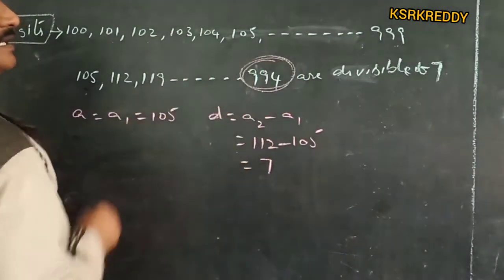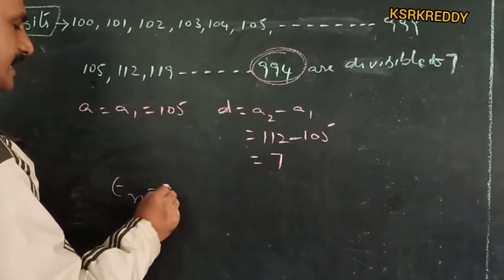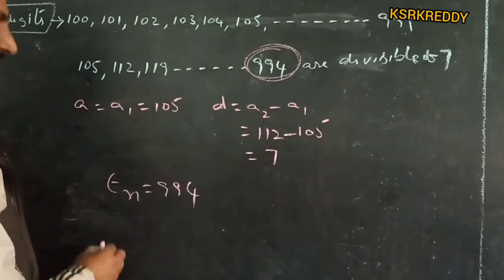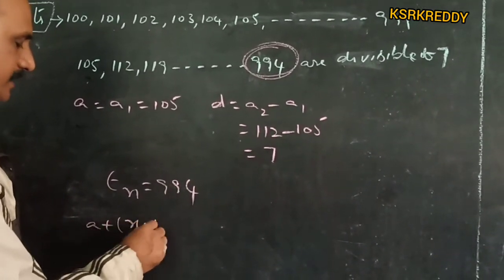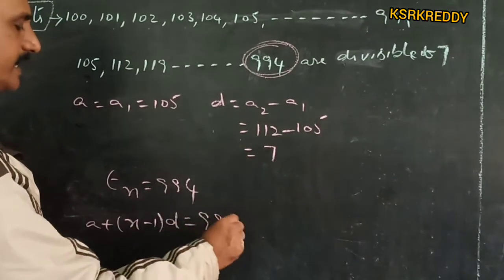It is the nth term. Tn is equal to 994. What is the Tn formula in AP? A plus n minus 1 into D is equal to 994.